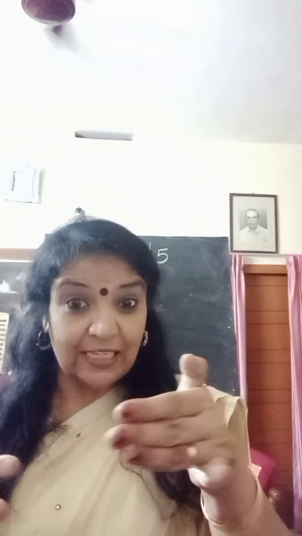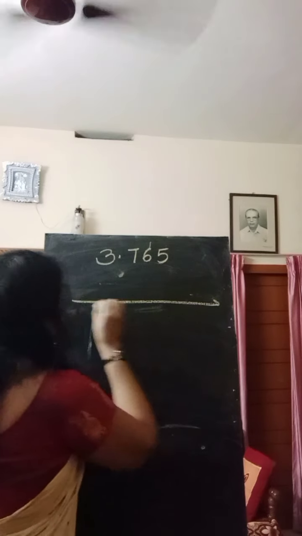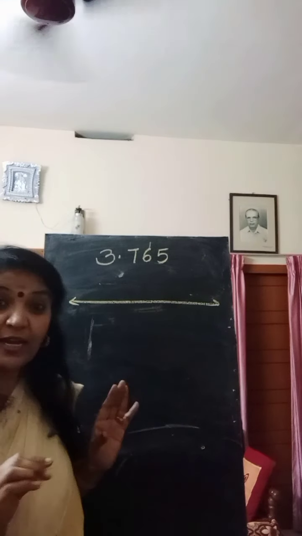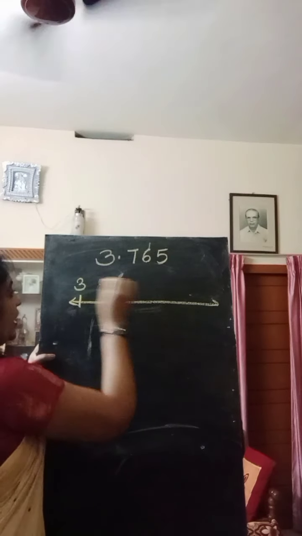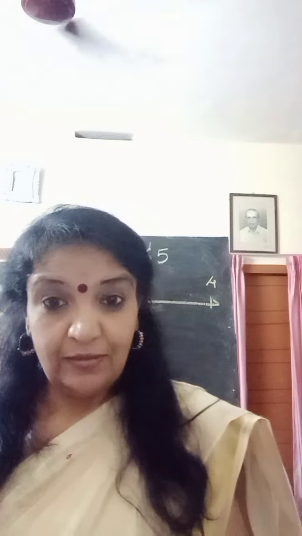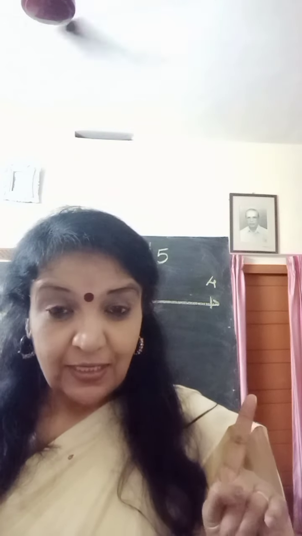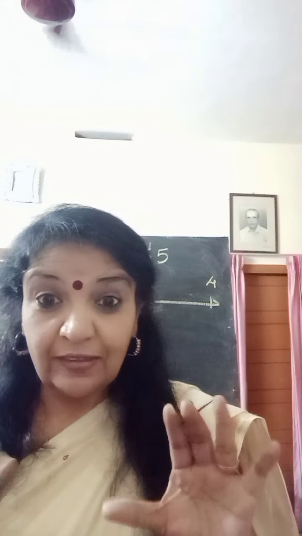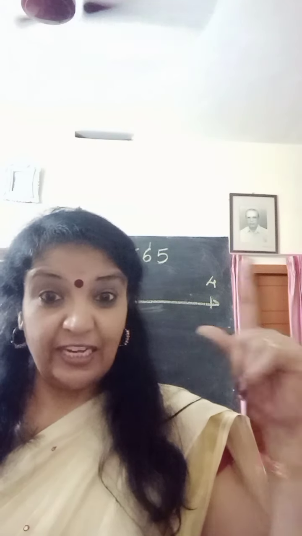We are taking a successive procedure then. So draw a number line. Don't mark all the numbers. We are taking 3 and 4, and divide this portion into 10 equal parts. We are locating that 3.765 is between 3 and 4. That is our first assumption. We are taking the whole number first. Our whole number is 3.